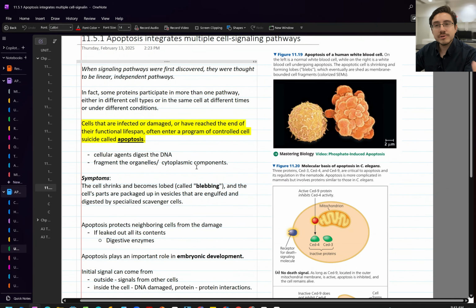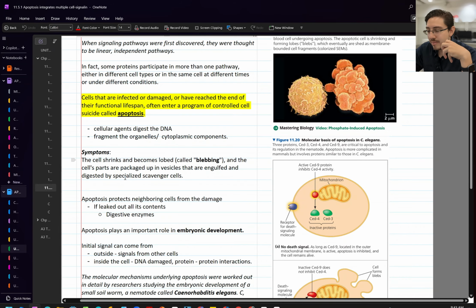You have a normal cell, this is a white blood cell. And this is another cell that is undergoing apoptosis. You can see it has little bumps, little lobes. They're called blebs, or blebbing. What's happening here is that parts of the cell are becoming packaged up into vesicles.